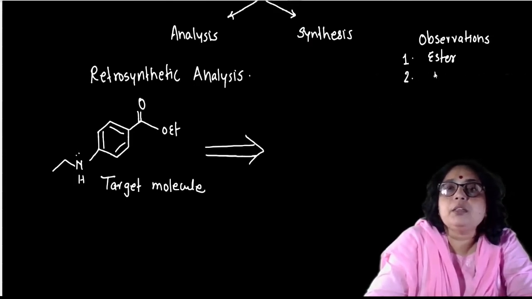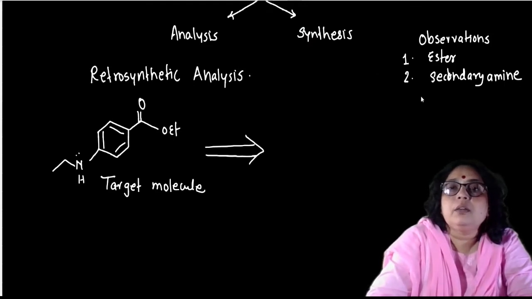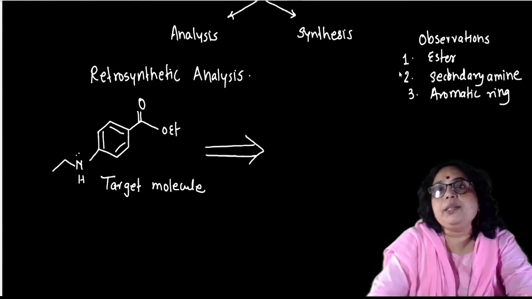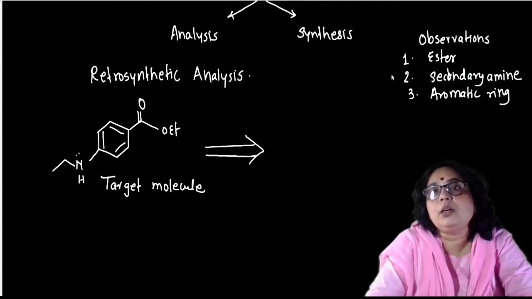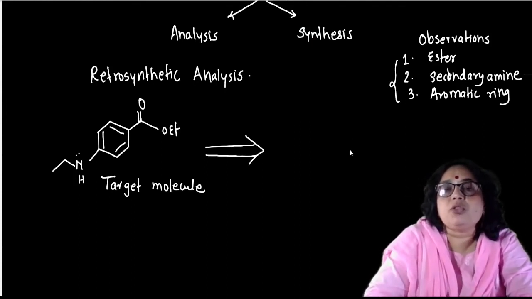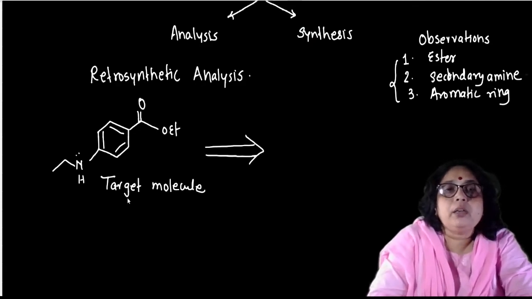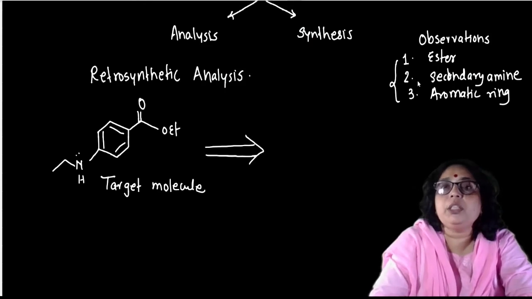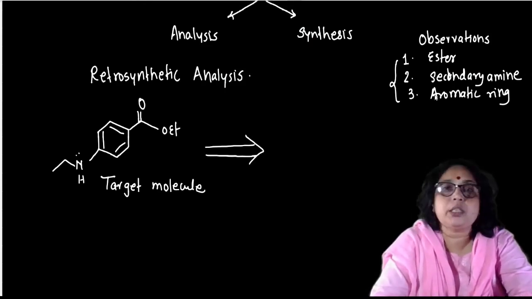I can even see a secondary amine, and the aromatic ring. So with the combination of these three chemical structures, you can construct the target molecule. So with the help of observation, you can get some clue.